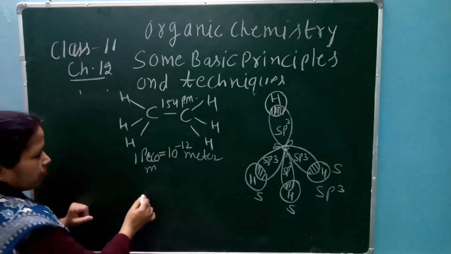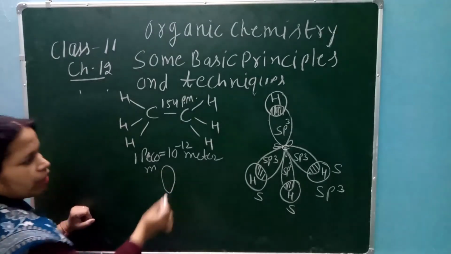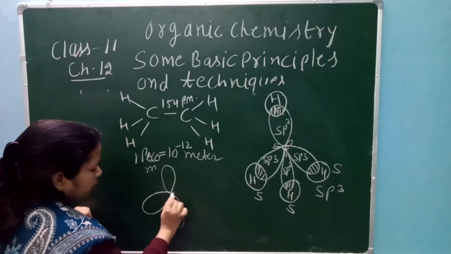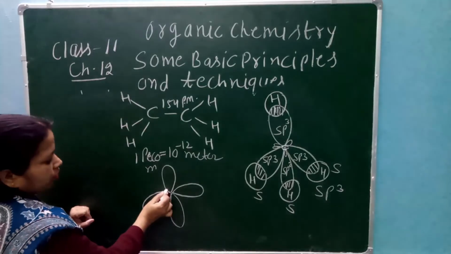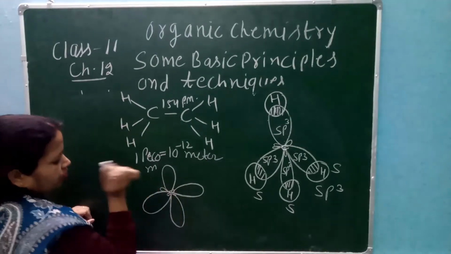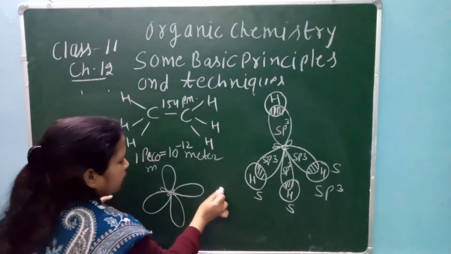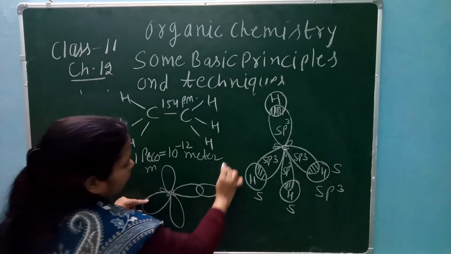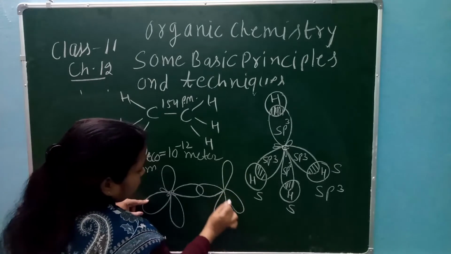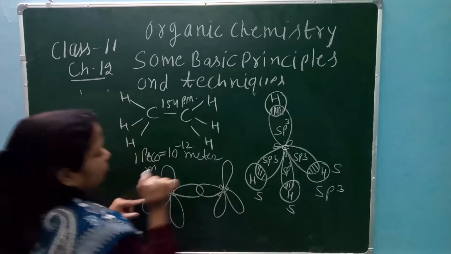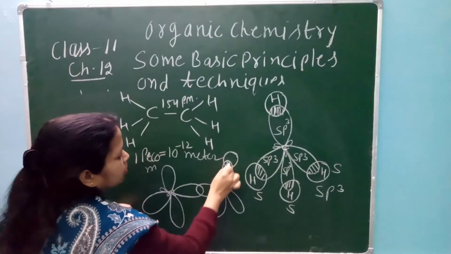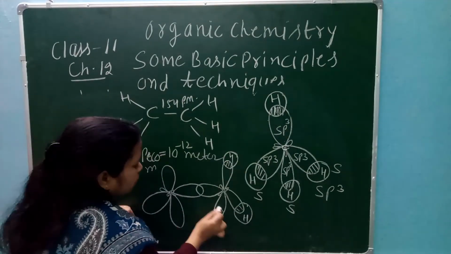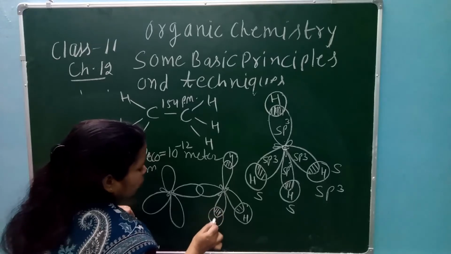So now you can form like this 1, 2, 3 and 4. Now again you can write 1 overlapping, ठीक है, and now hydrogen here, hydrogen. This is the orbital diagram of alkane.